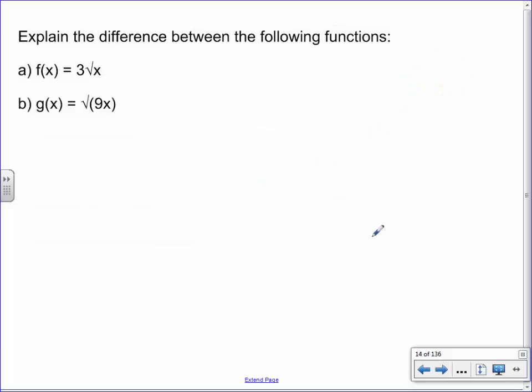Okay. Explain to me what's happening in these functions. What does the 3 in front of the root x do? Okay, right? If I put it in vocabulary, this would be a vertical stretch, I guess, by a factor of 3.